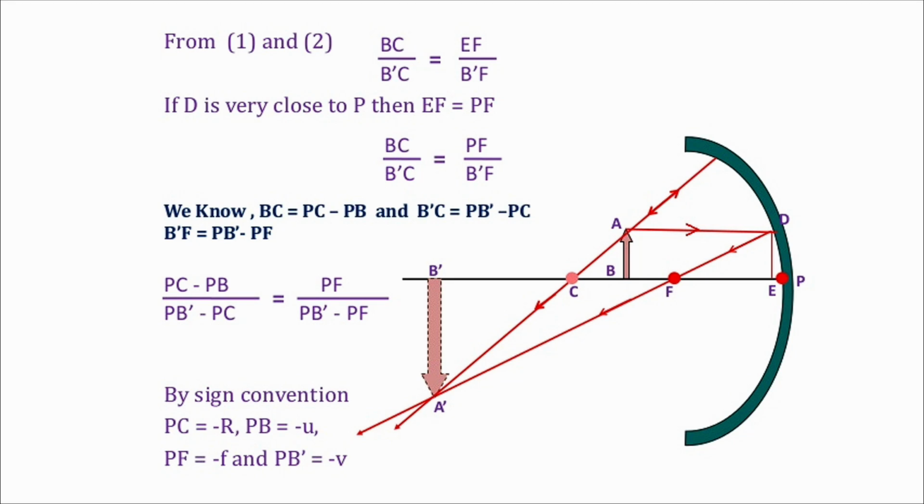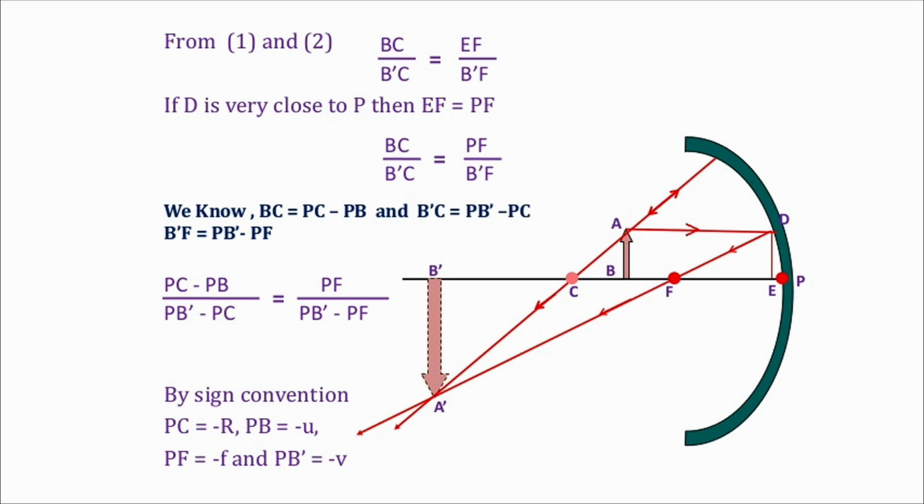Same thing here, I explained in the previous slides. D is very close to P, then EF is equal to PF. What is the PF? Focal length. So just replace that EF by PF. Now from the diagram, what is BC?